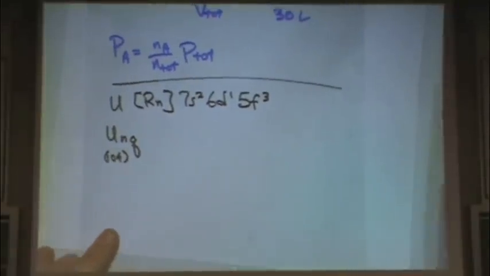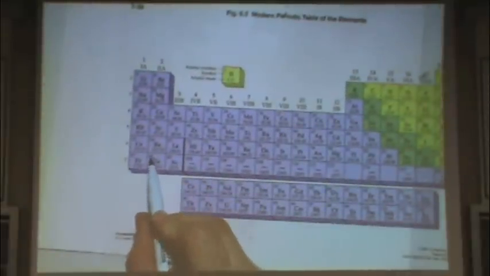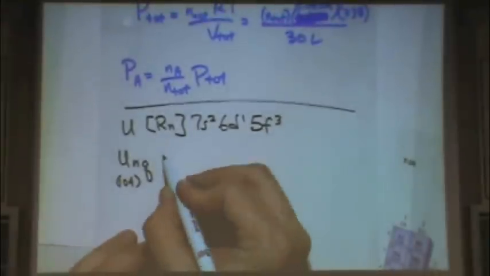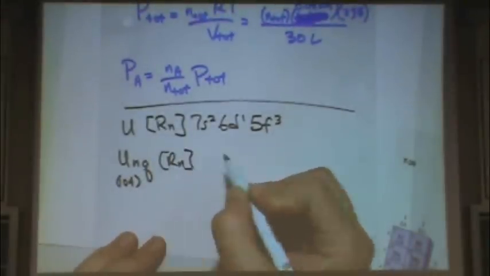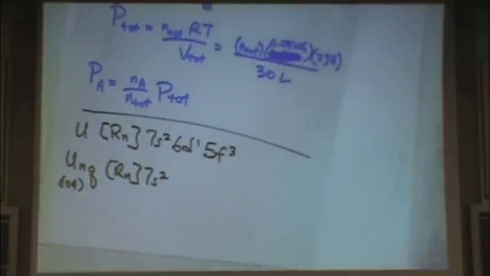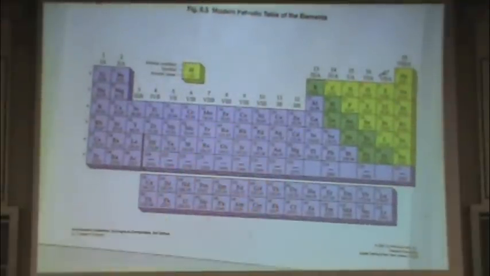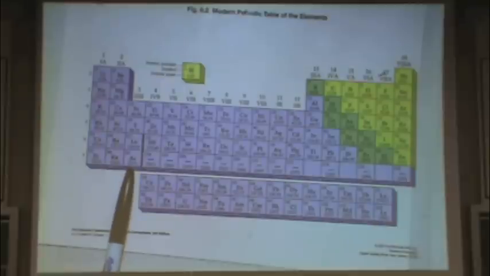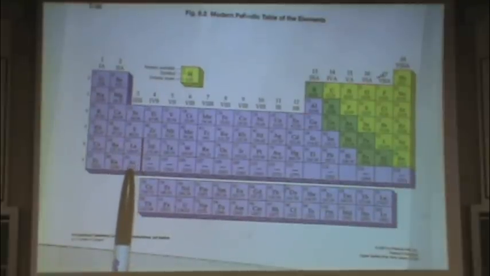That would also be radon 7s2. Then notice what happens here. Now, all that information becomes irrelevant as far as lanthanum and actinium. So you might say, okay, the next one is 6d1.